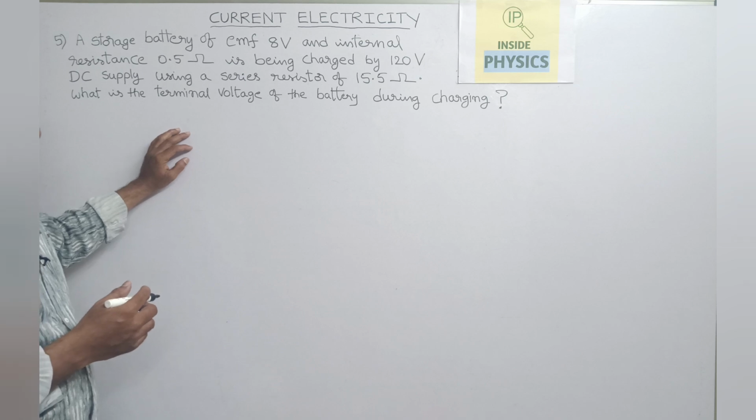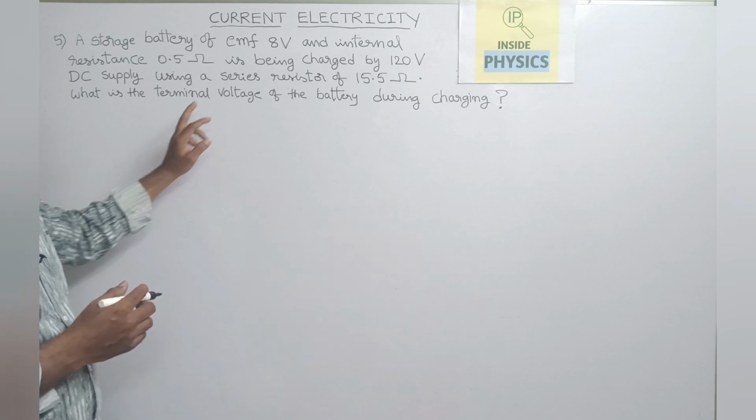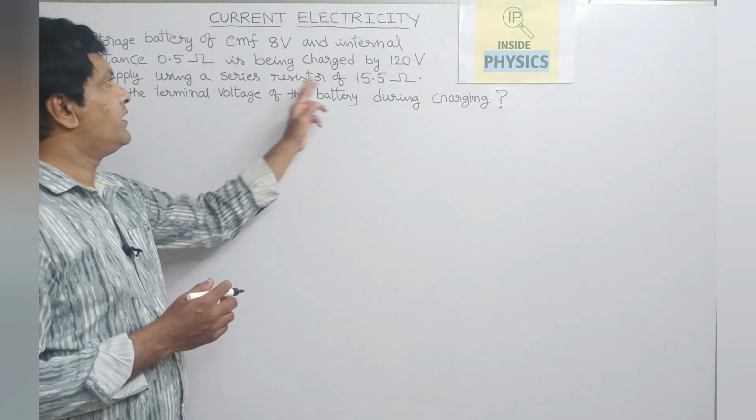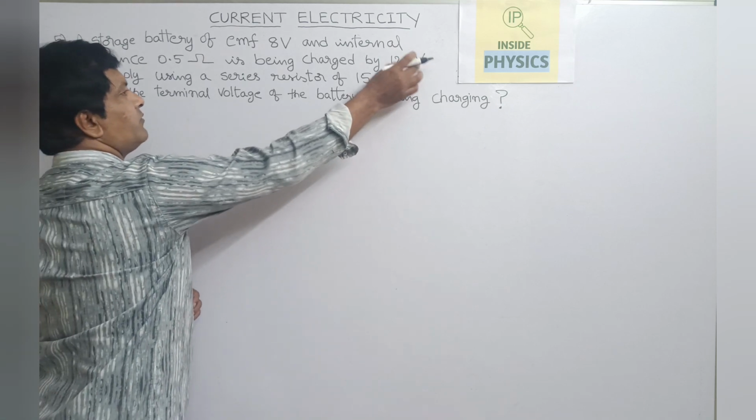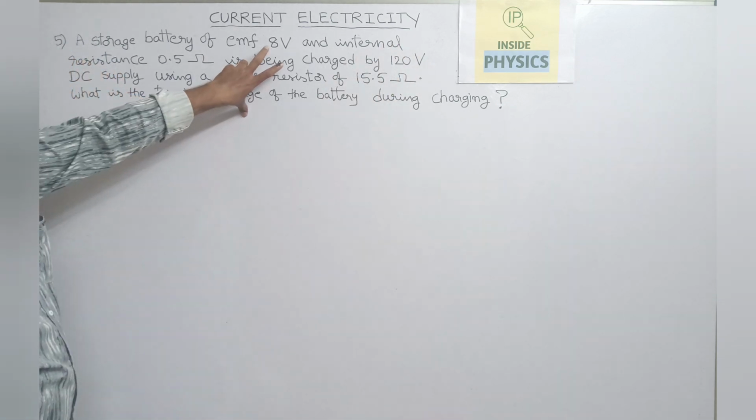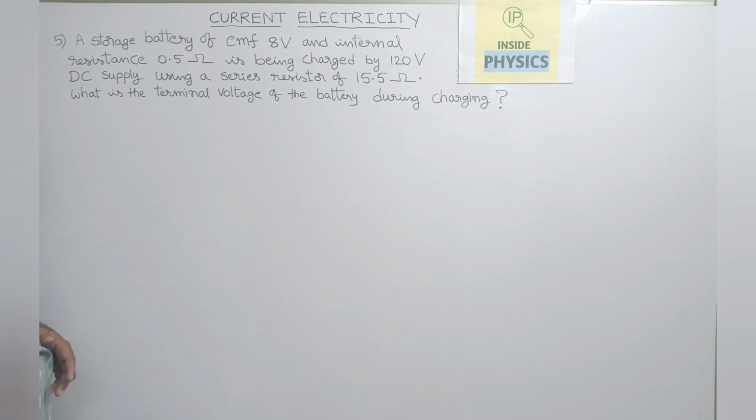Here a resistor is connected in series. So what is the effective EMF? The 120 volts DC supply is charging the 8 volts storage battery.